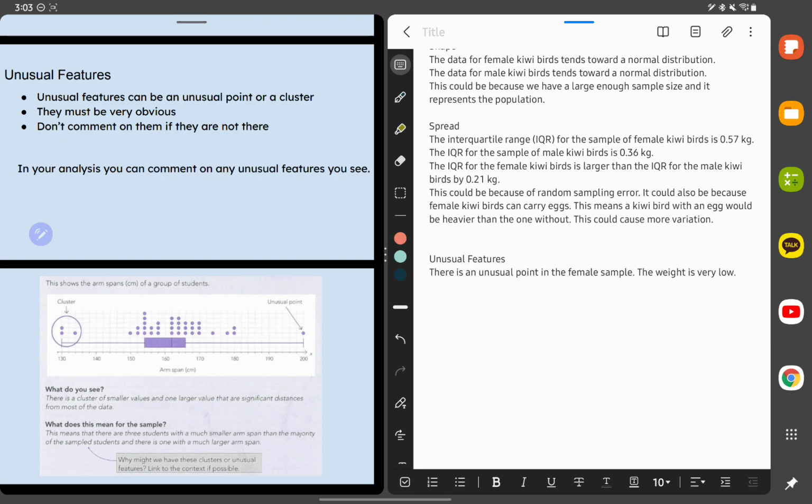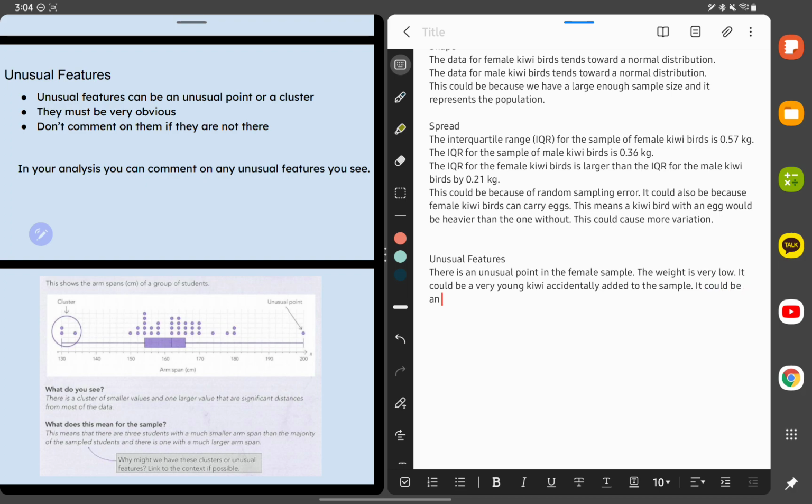So if it was a really low weight in the female category, I could say it could be a very young kiwi accidentally added to the sample. Maybe it isn't, right? Maybe I'm getting it totally wrong, but I'm thinking about possibilities that explain it.